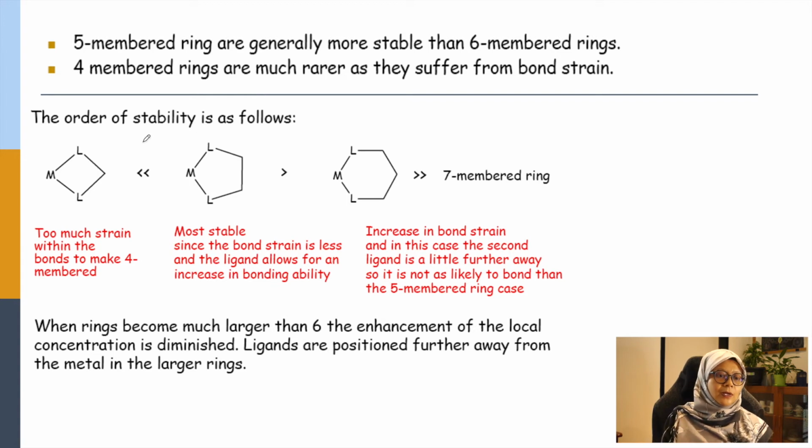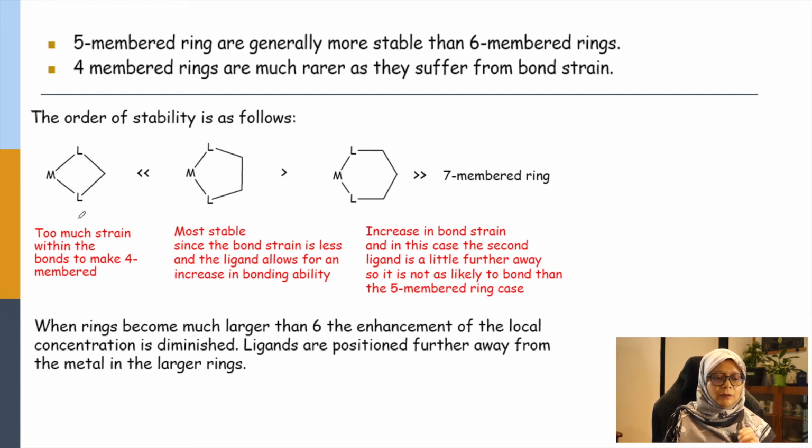So the order of stability is as follows. We have the 4 membered ring, 1, 2, 3, 4. We have the 5 membered ring, 1, 2, 3, 4, 5, where the 2 ligands form a 5 membered ring coordinating to the metal. And then we have the 6 and 7 membered rings.